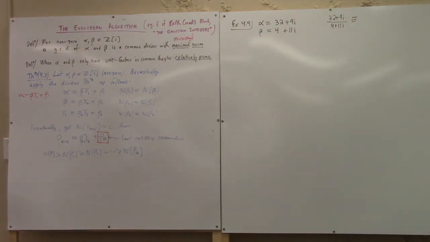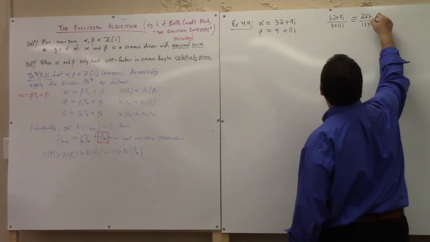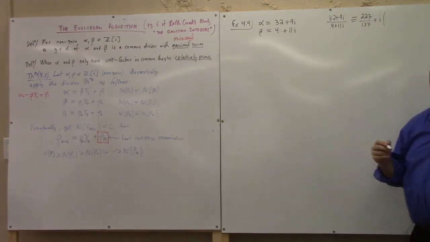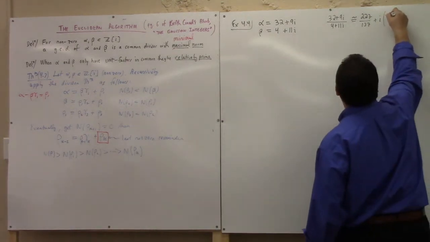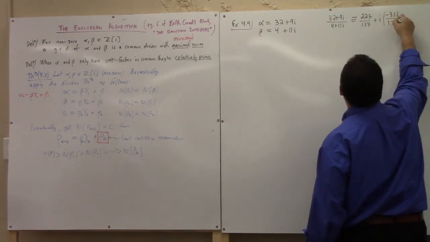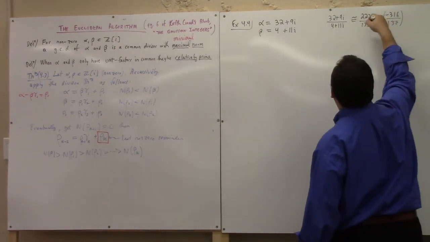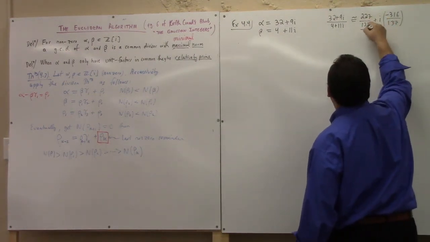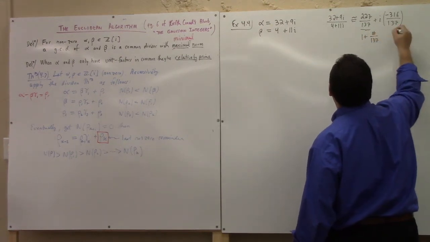Well, I can give you the exact result. It's 227 over 137 plus i times minus 316 over 137. That doesn't particularly delight me, although you can see this is like 1 plus some number over 137.